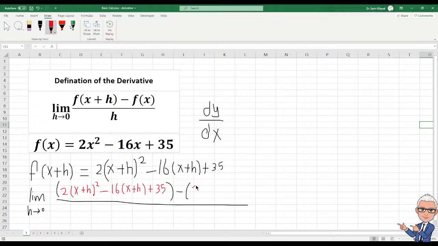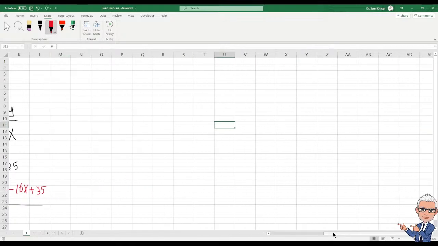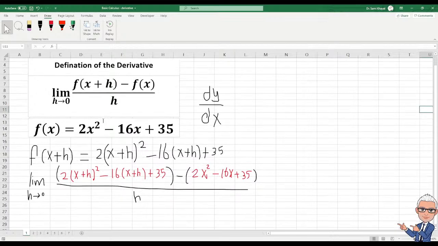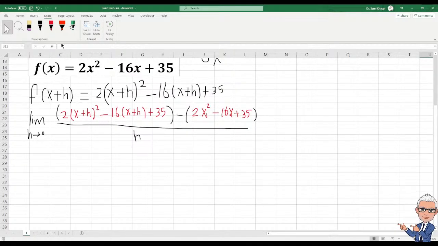It will be 2x squared minus 16x plus 35, divided by h. Now let's simplify this one and we will solve it.